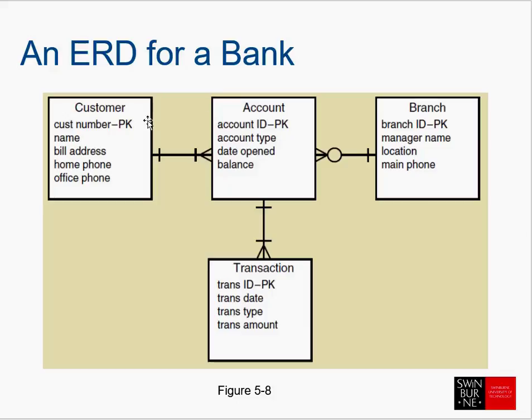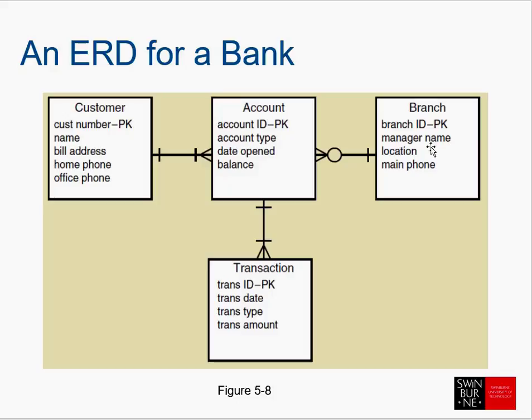Then there is another example here in figure 5.8. In this case, we have four entities for four objects that we would like to represent in the database: customers, accounts, branches, and transactions. A transaction is an event that we need to capture and record as a data entity. So one customer must have one or many accounts, and one account must belong to one branch.